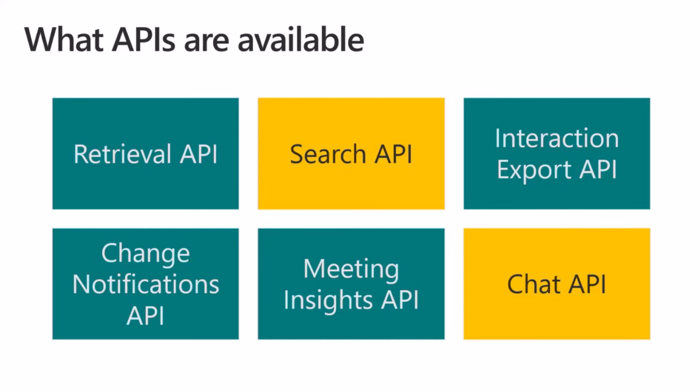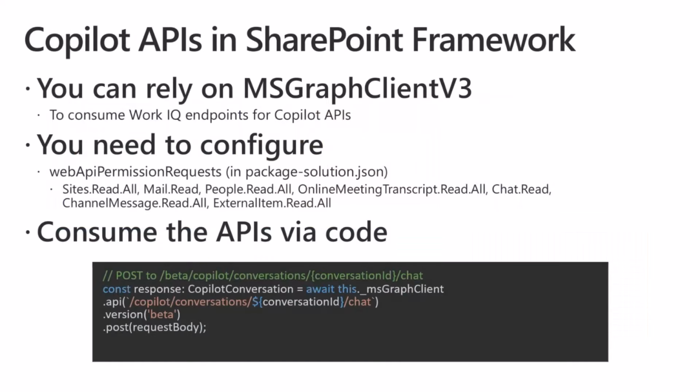The other APIs will not be covered in this demo, and if you want to dig into them, as I said, you can find another video on the YouTube channel of the community where you can see and dig into all of them. So now let's focus on using these APIs from within a SharePoint Framework solution.